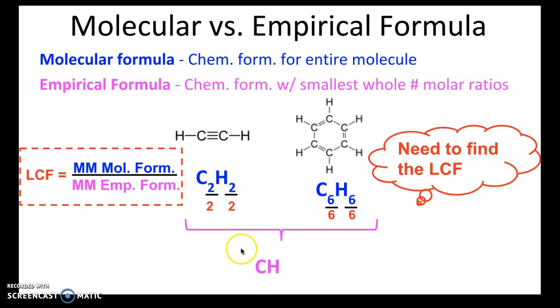That makes sense because for C2H2, the molar mass of the molecular formula is twice that of the empirical formula, and for C6H6, it's 6 times that of the empirical formula. So by dividing these two molar masses, I can get the least common factor, which is what I need to go from the empirical formula to the molecular formula.